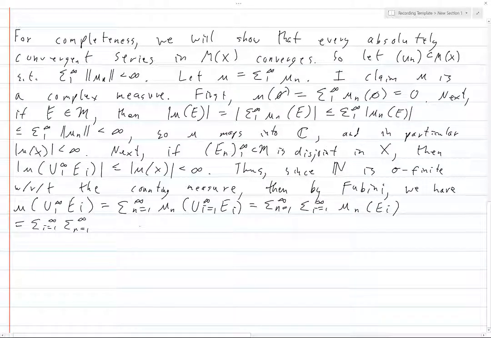And just another note, remember what we needed to have happen in Fubini's theorem is you need to make sure that if you put the absolute value sign on the inside, then taking the sum or integrating this thing is going to give you something finite.